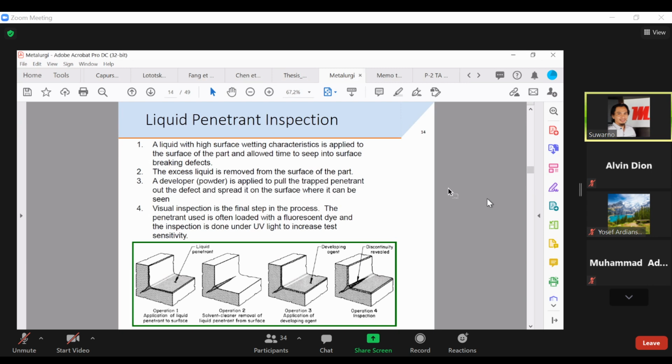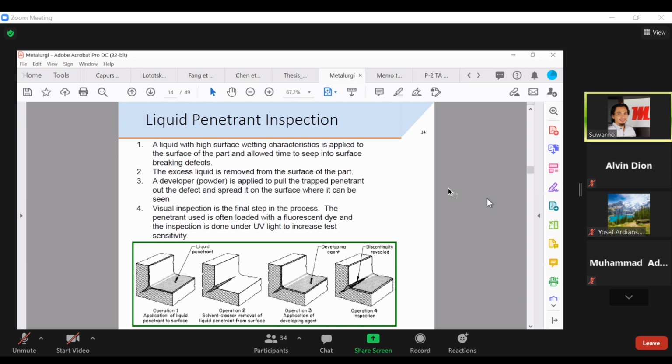You expect that you get this liquid penetrant, and you wet the surface with it, and then there are two ways to do it.